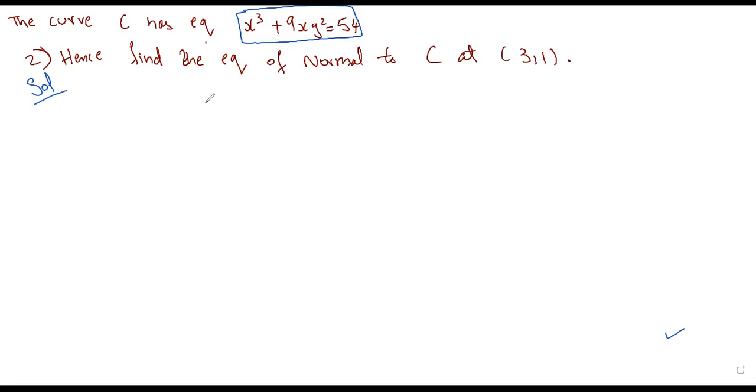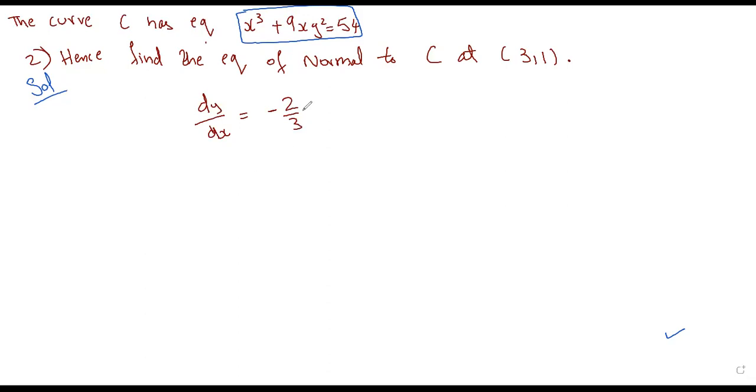So our dy by dx at (3, 1) was minus 2 by 3. And what is the normal? Normal is a line that's perpendicular to the tangent. Do you know the underlying concept about the derivative?